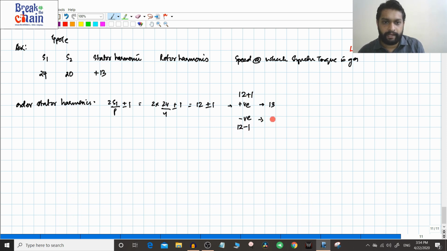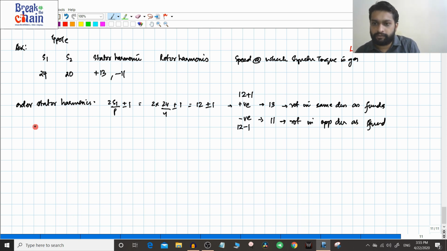So you will have 11, so you will have minus 11. The harmonic poles produced due to the 13th harmonic rotate in the same direction as the fundamental, and this one is rotating in the opposite direction as compared to the fundamental. So this is the order of the stator harmonics.